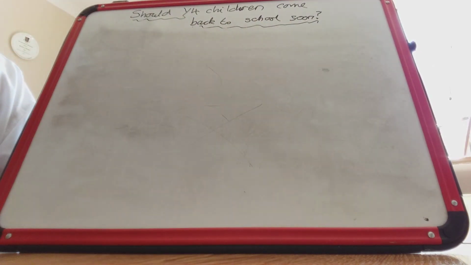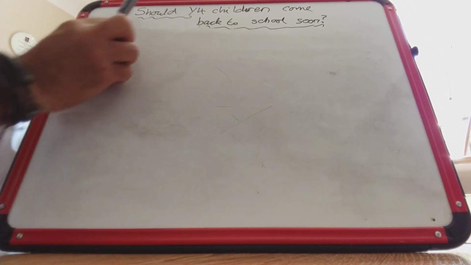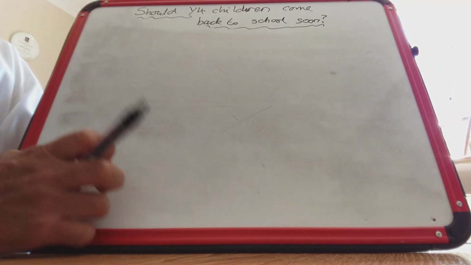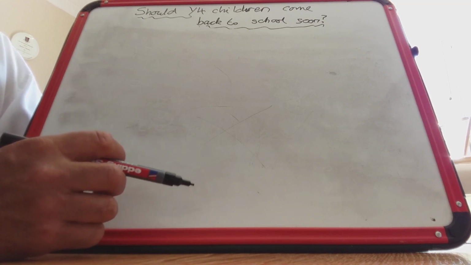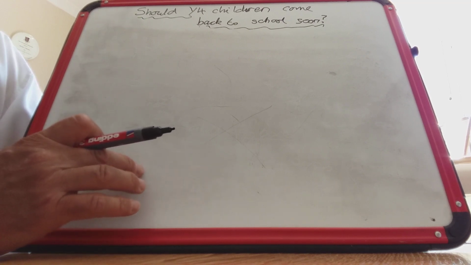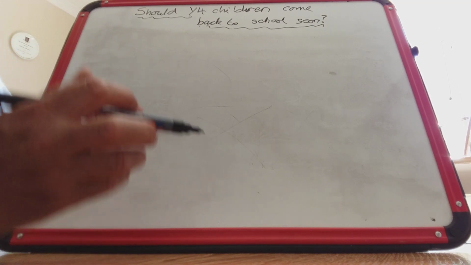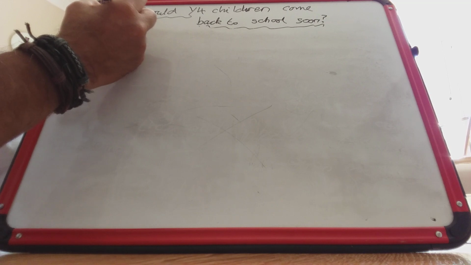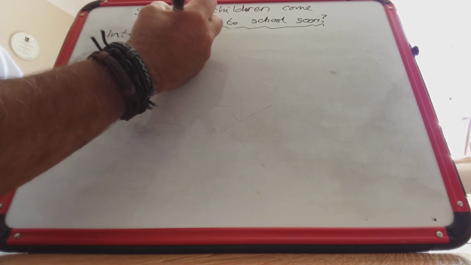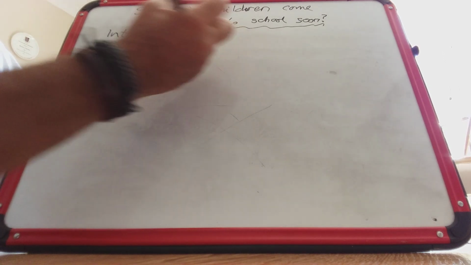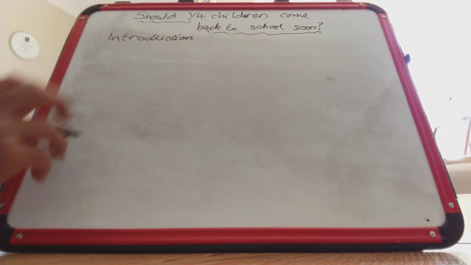So what I'm going to do now is I'm just going to write in notes, and it will look a little bit like a planning document, just to show you what you should have written over the last 2 days with these 2 lessons. So first of all, there's the introduction. And the introduction, if you've forgotten, then you just replay yesterday's lesson and it will tell you about how to write the introduction.